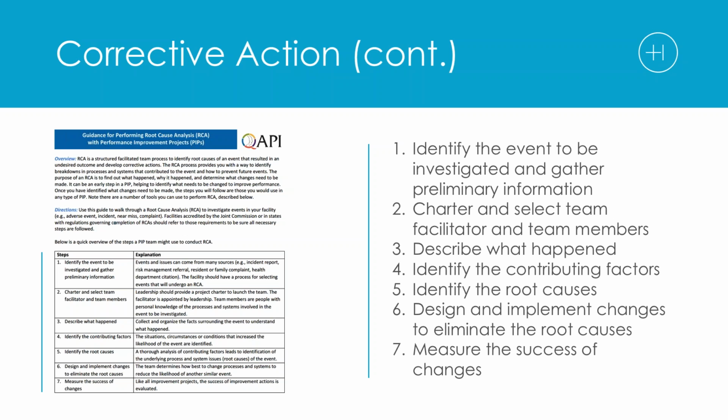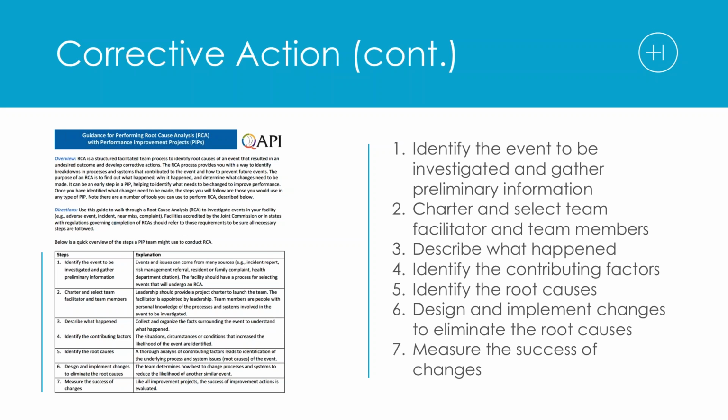Six is design and implement changes to eliminate that particular root cause. So if it was human error, maybe some of the corrective action is you train, and then you're going to audit them again in 3 months, and then you're going to audit them again in 6 months, and you're going to try to change human behavior. If it was a systems error, then you get your systems experts to help you identify and confirm that you've corrected it.